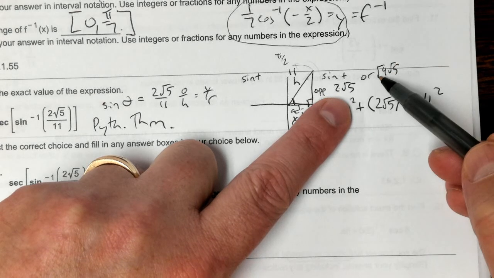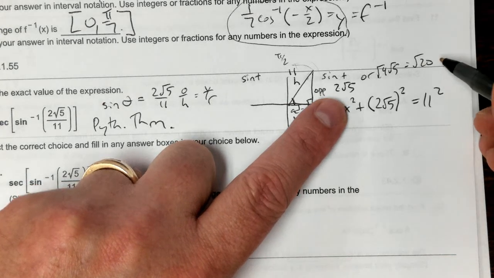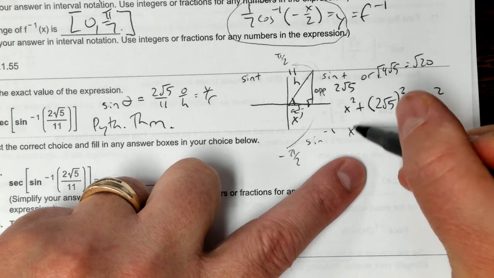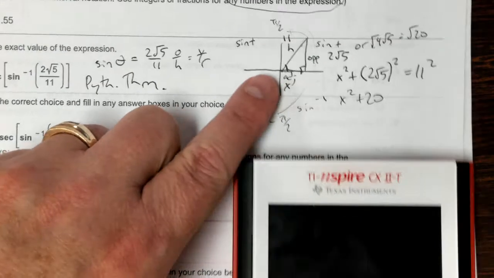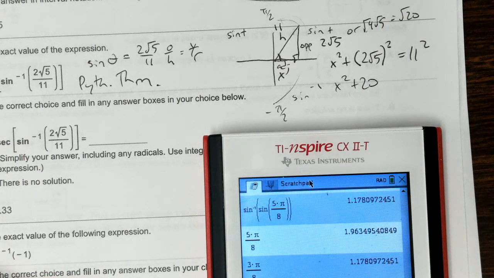And again, work backwards, so you can think of this as the square root of 20. So when we square the square root of 20, we're going to get 20.